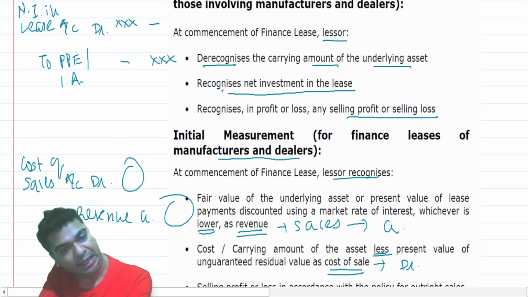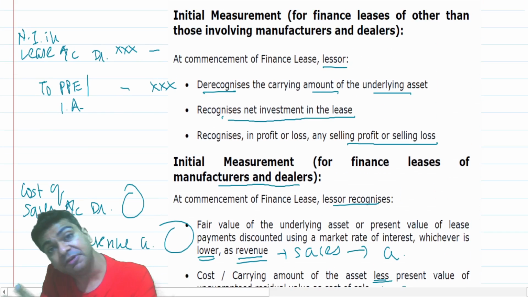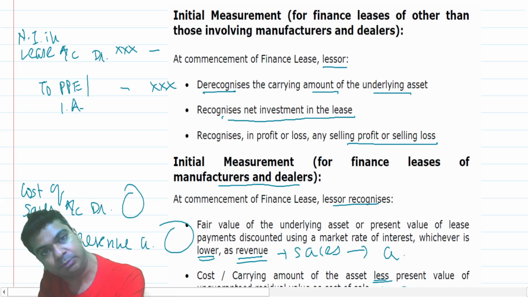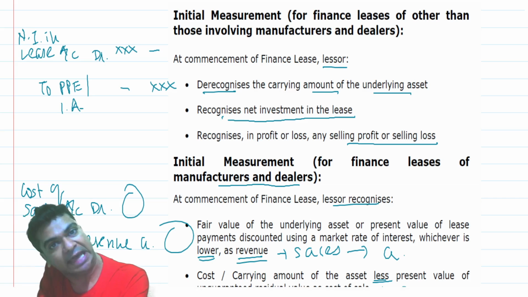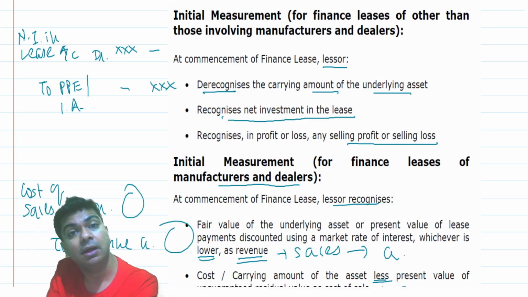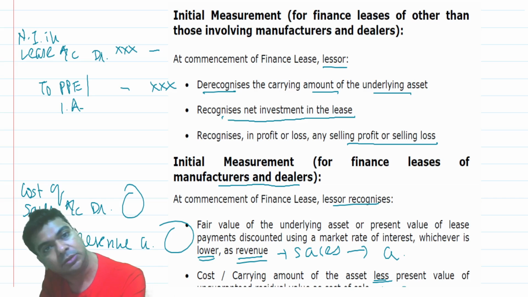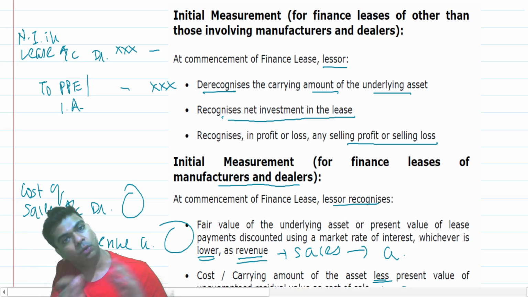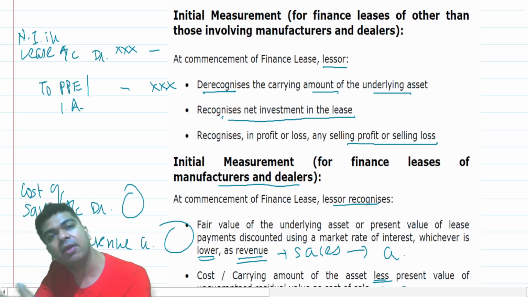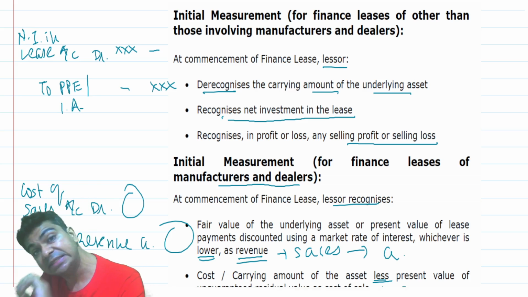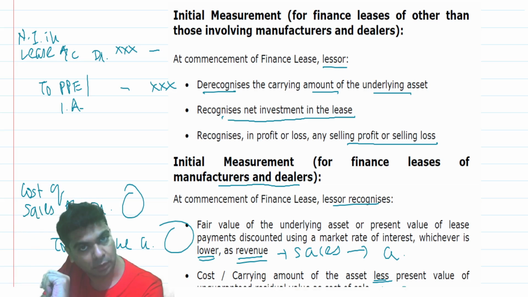The question that really arises in our mind is why are we having these two differing treatments? Why are we distinguishing between a lessor who is a manufacturer or a dealer and a lessor who is other than a manufacturer or a dealer? Because in one case we are saying that you have to de-recognize the asset at the carrying amount, and in another case we are saying that no, you should consider this as revenue, isn't it?